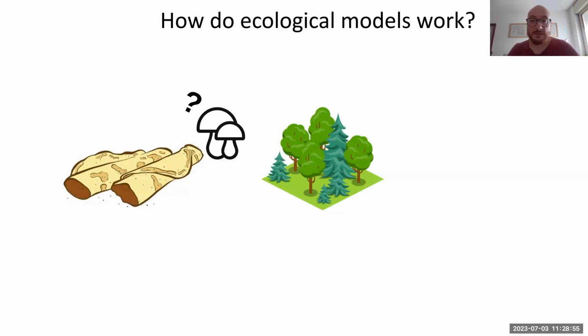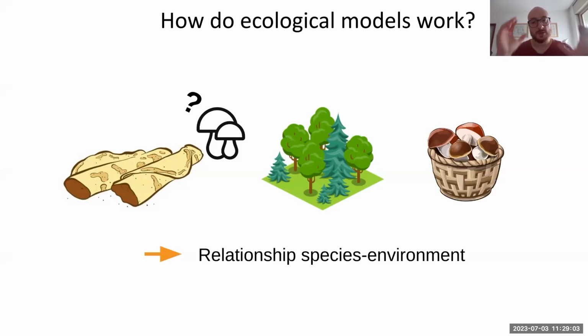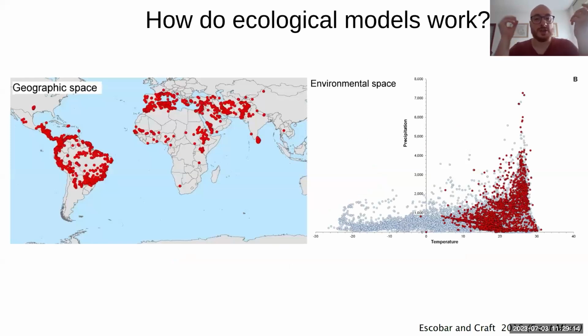And if you're lucky, and if you're good enough, in the end you might have a bucket full of mushrooms. But in essence, what you have built in your mind is a relationship between the species, the mushrooms, and the environment. This is essentially an ecological model.